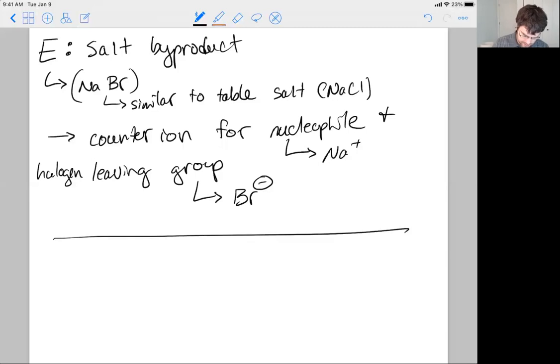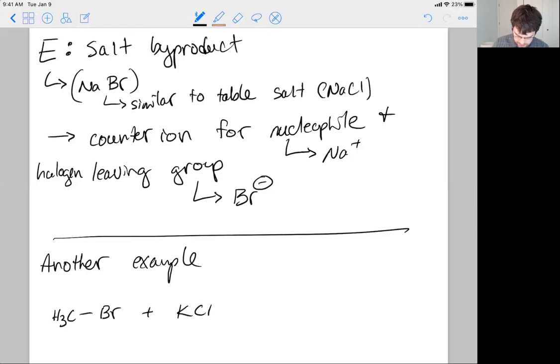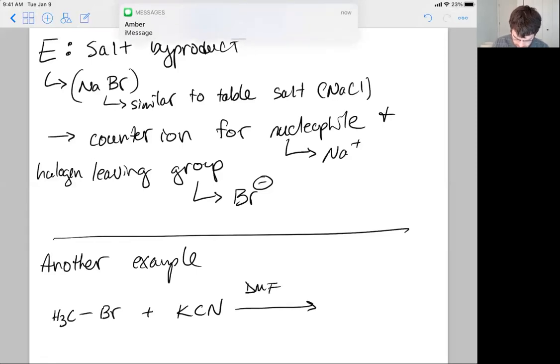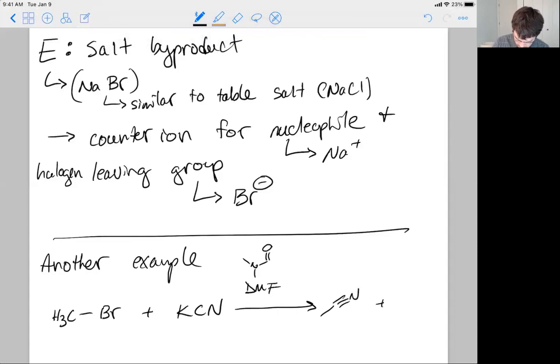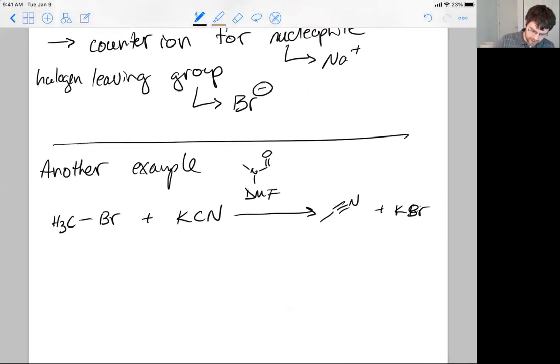Let's take CH3Br plus KCN in DMF. And if we do that reaction, we'll get, let's go ahead and draw a bond line structure. These two molecules.